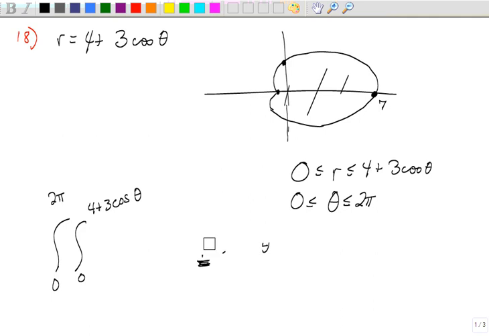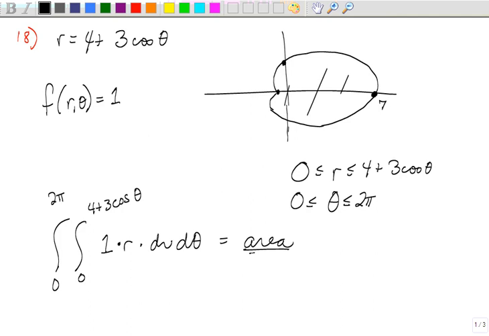Again, this is two-dimensional, so we let f of x be 1. So f of r theta is 1. Because in number 18, we just want the area of the region. I'm not going to evaluate that because that's pretty easy to do. I'll let you do that, and I'll just set it up for you.